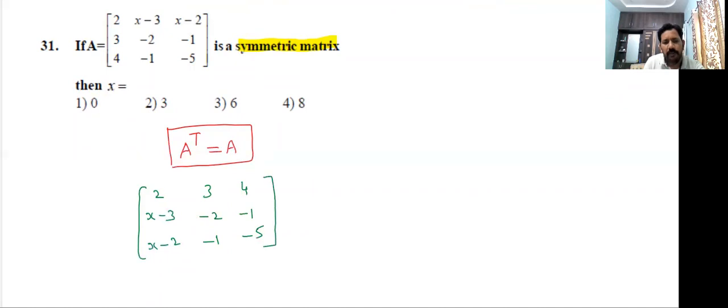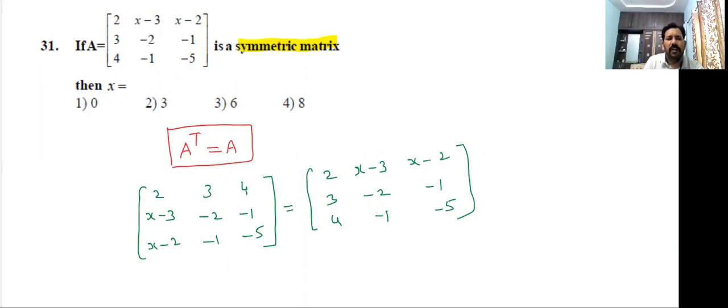This is the transpose of the matrix, that is equal to A: 2, x minus 3, x minus 2; 3, minus 2, minus 1; 4, minus 1, minus 5.